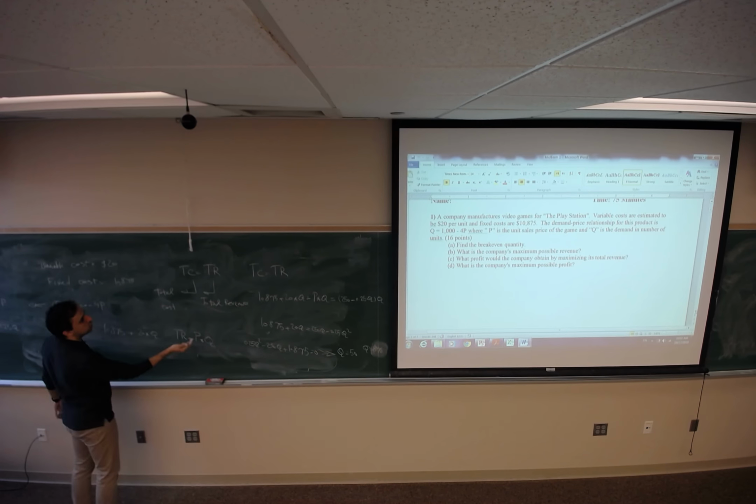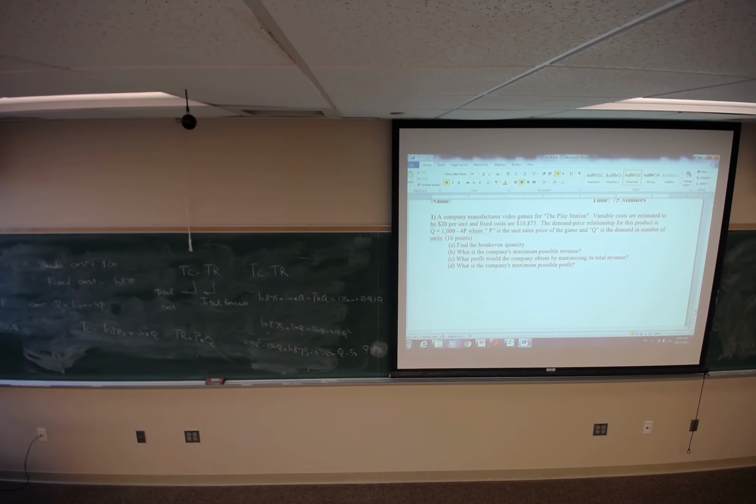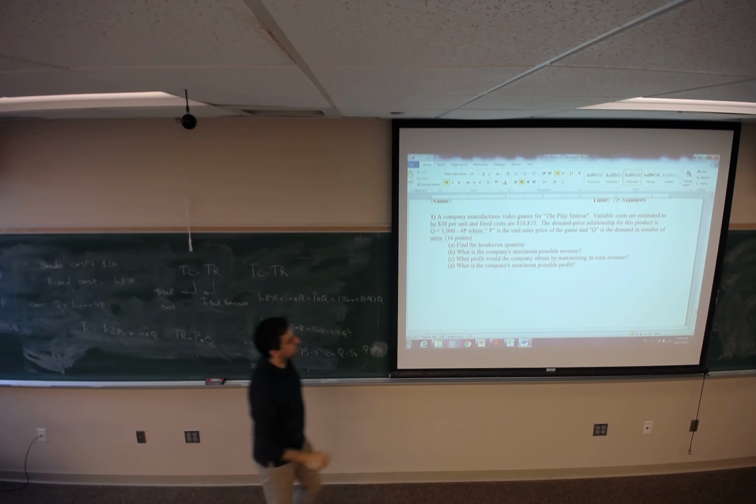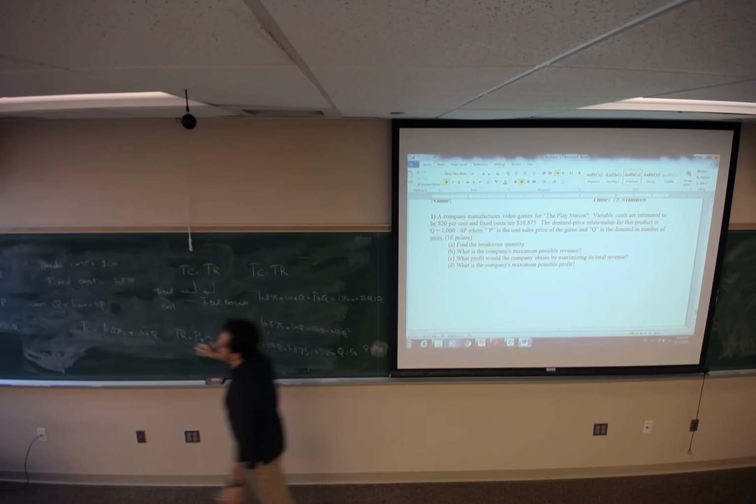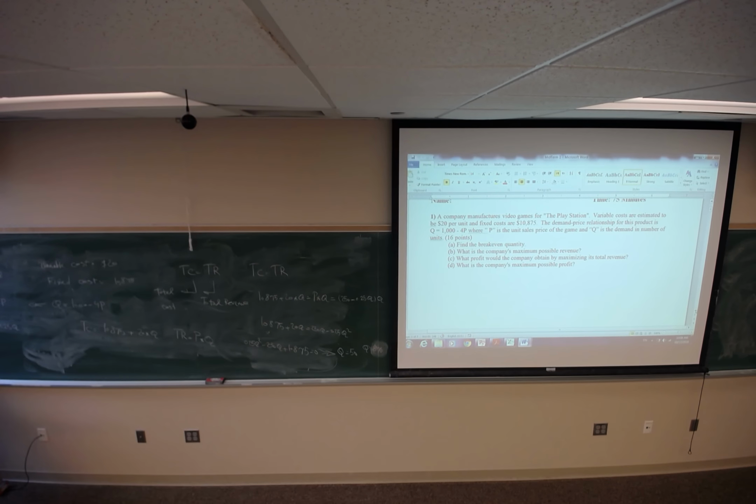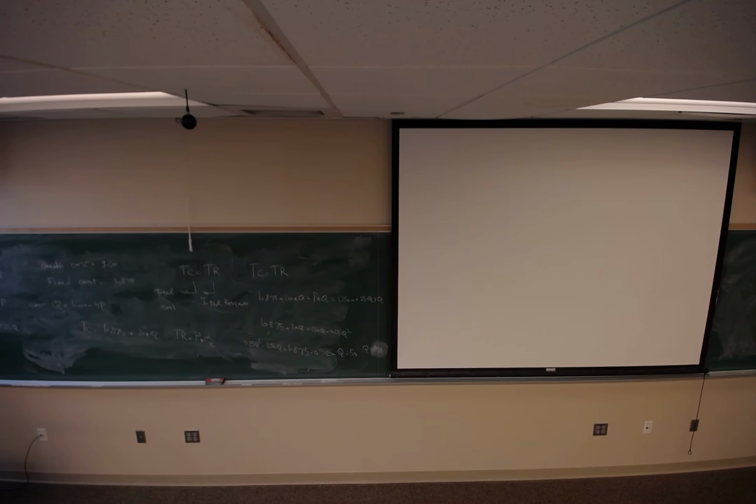P times Q is 250 minus 0.25Q times Q. If you want to maximize this, differentiate and set the derivative equal to 0, and find Q. So take the derivative of total revenue with respect to Q and set it equal to 0.